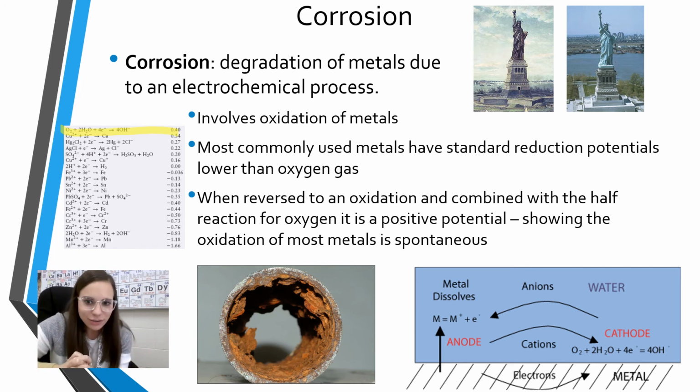And the issue is all of those that I just named have a lower reduction potential than oxygen. So oxygen is going to be reduced by all of those metals, meaning they are oxidized. And what happens when they are oxidized is they degrade, or sometimes we call it rusting.